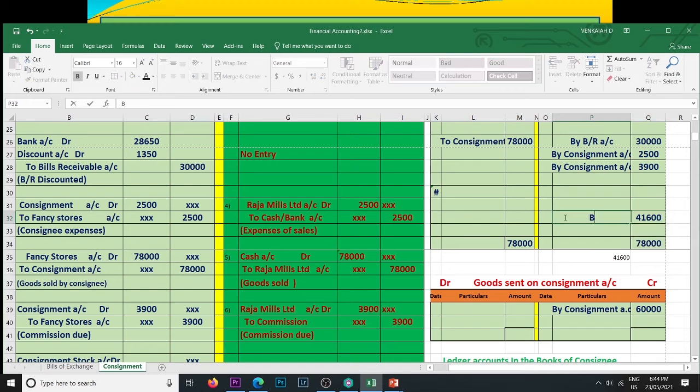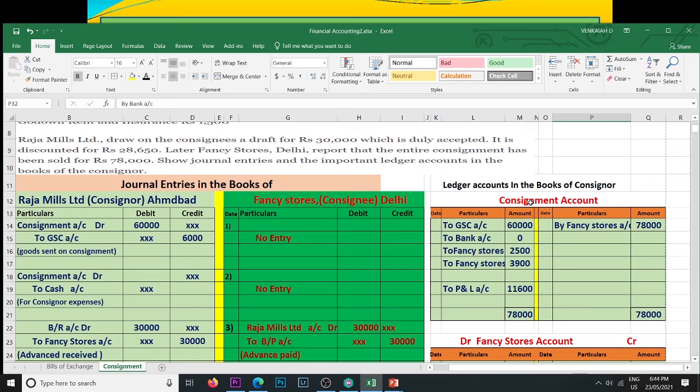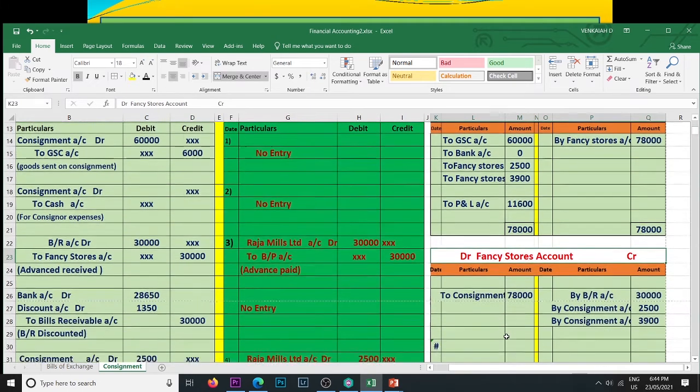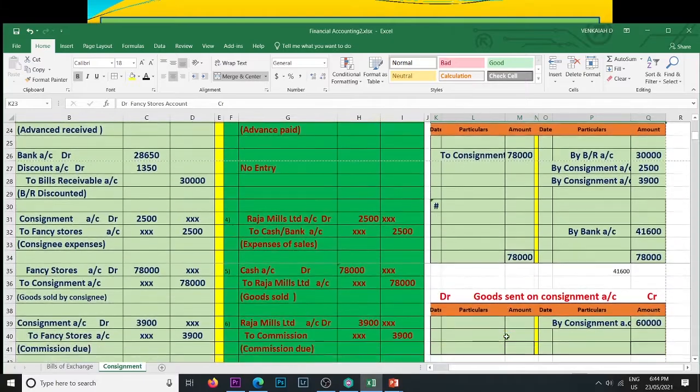Yes, by bank account. So the credit side bank is there, by bank. That's why it is debit. Bank account debit to Fancy Stores account. So it is the balance amount received from consignee.